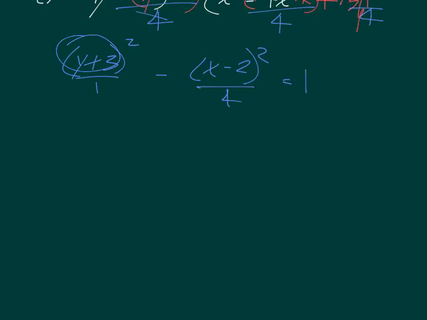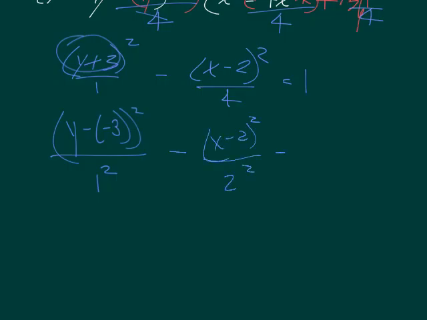We've got to make this in the right form, so that's going to be (y - (-3)) quantity squared over 1 squared, so that we know that this number here is my a. And we're going to say minus (x - 2) quantity squared over 2 squared, so we know our b is 2.